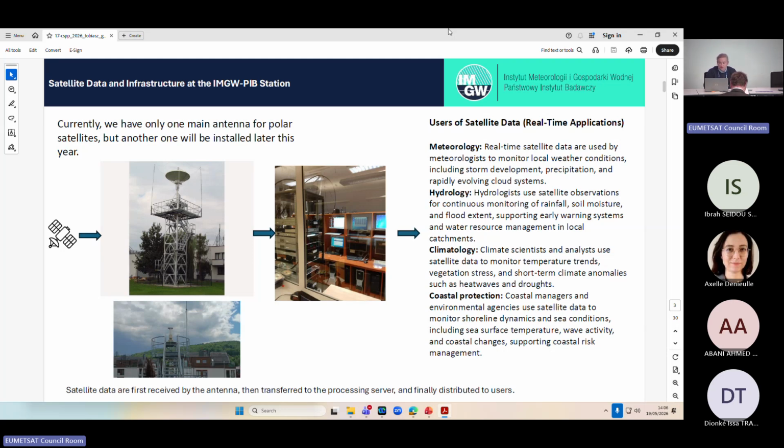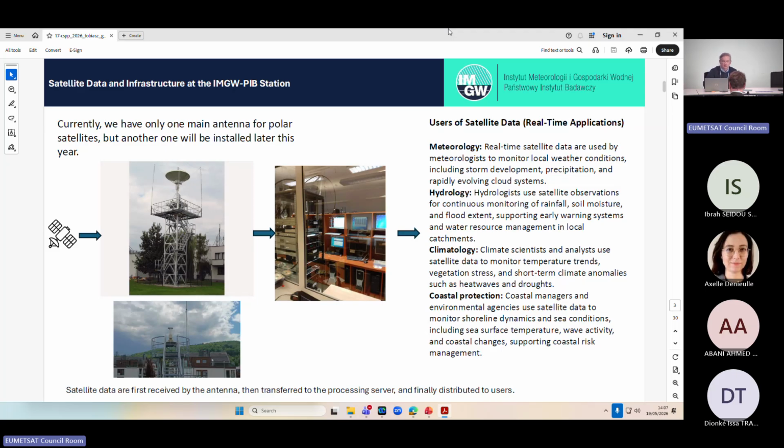and they use this data to monitor local weather conditions, including storm development, precipitation, and rapidly evolving cloud systems. Next is the hydrology department, which tries to monitor rainfall, soil moisture, flood extent, and early warning systems, and also climatology and coastal protection.